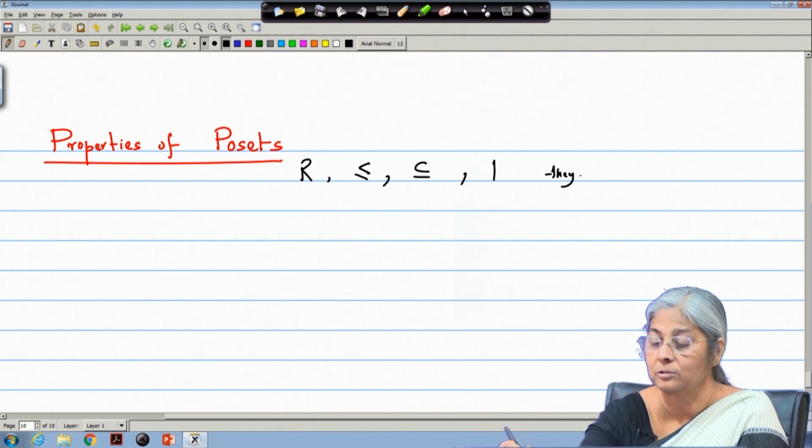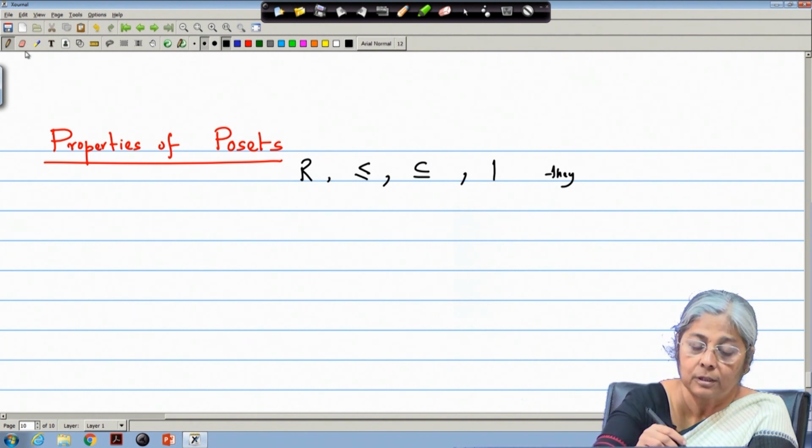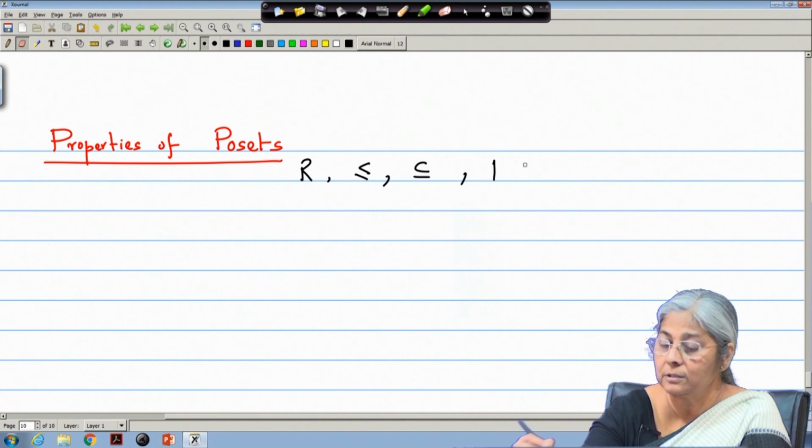R is a poset. Okay. So I can write that this is a poset.